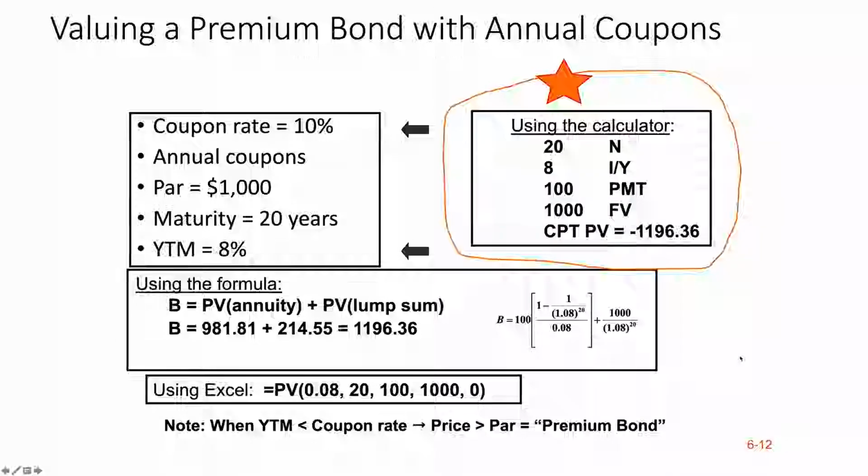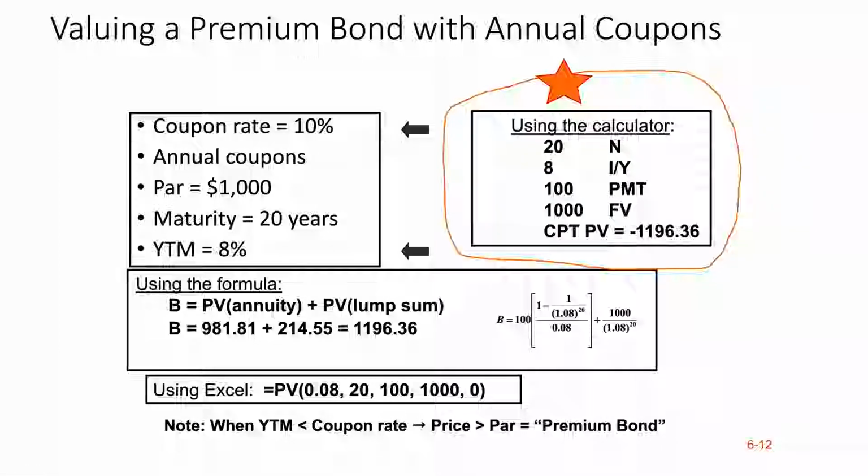Now, let's look at another problem. Here, the coupon rate of this bond is still 10%, so the coupon payment is 100. The par value is 1,000. But we have a 20-year term to maturity, so it's 20 as your N. Now the yield to maturity, the current market rate, is 8%.